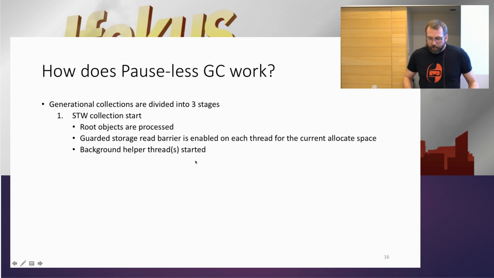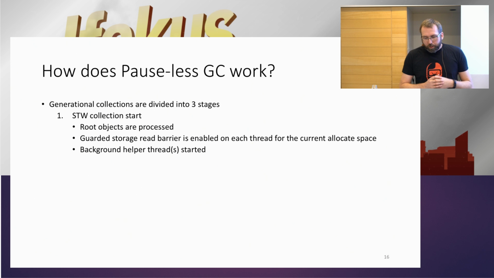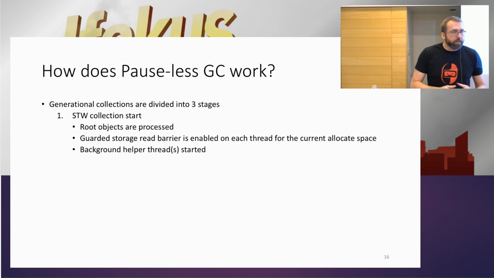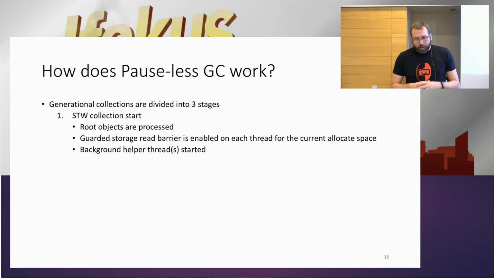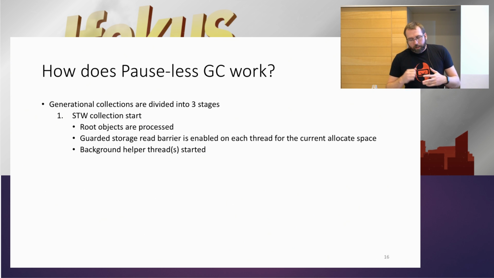So we had to now divide our generational collection into 3 phases. There are 2 stop the world phases. The first stop the world phase is pretty similar to a lot of the other low latency GCs you'll see. You stop, process the object roots. Then we set a bit that forces all threads on their way to start executing to go set the barrier on themselves.